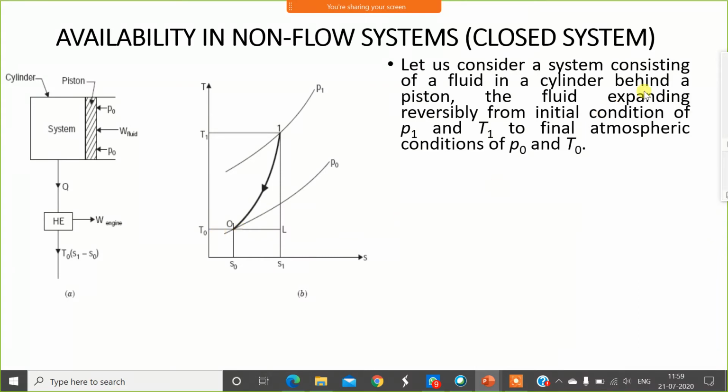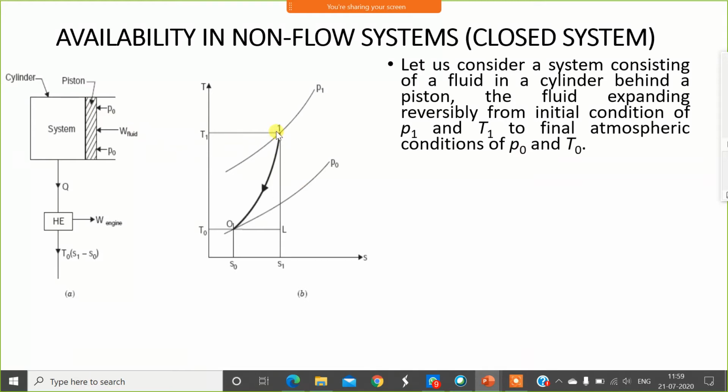Let us consider a system consisting of a fluid in the cylinder behind the piston. The fluid expands reversibly from the initial condition of P1 and T1 to the final atmospheric condition of P0 and T0.